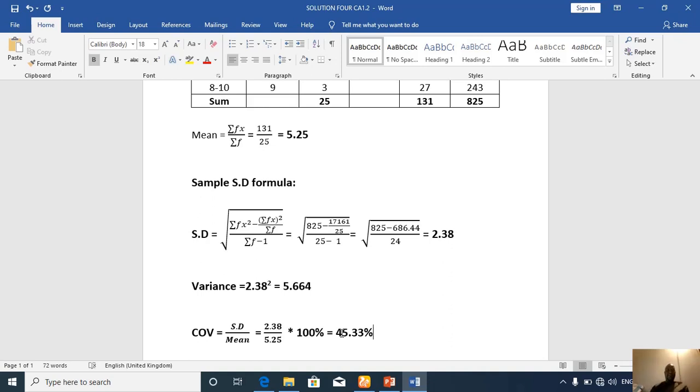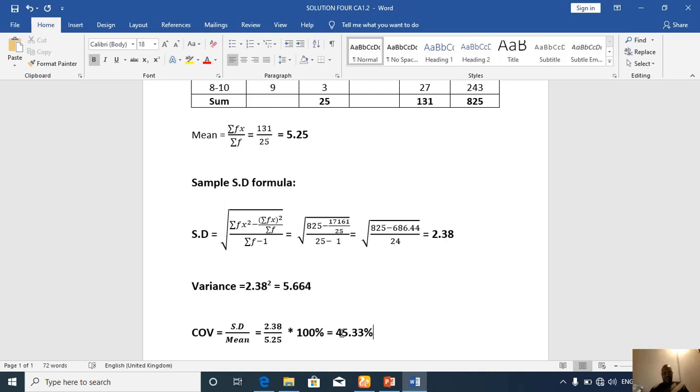So among the list of measures of dispersion, we have the range, the standard deviation, the mean deviation, the variances, and the coefficient of variations. In this particular video, we've looked at the standard deviation and its relationship with the variances, and the calculation of the coefficient of variation, which is expressed as standard deviation divided by mean times 100%.